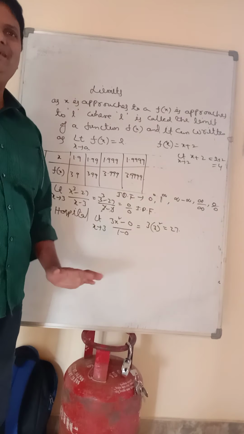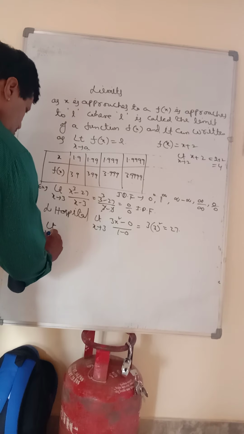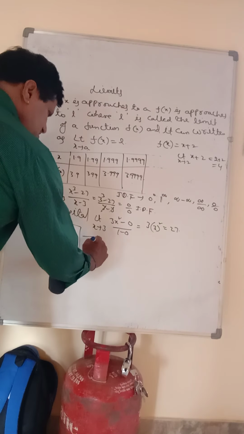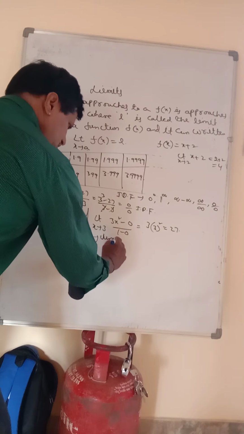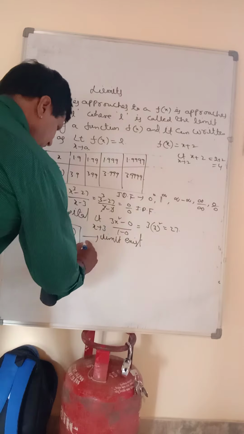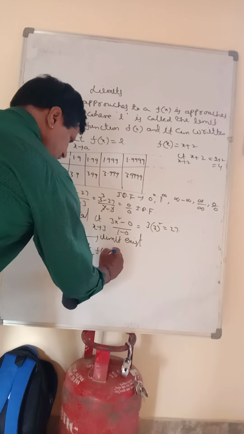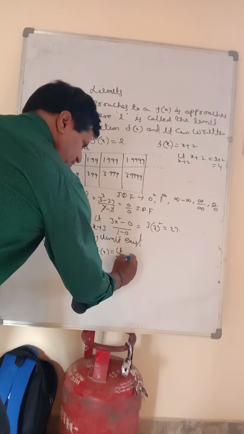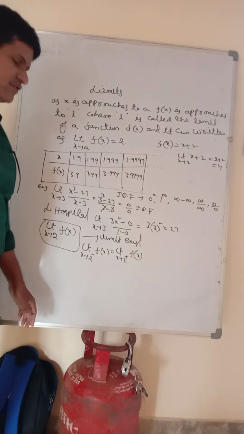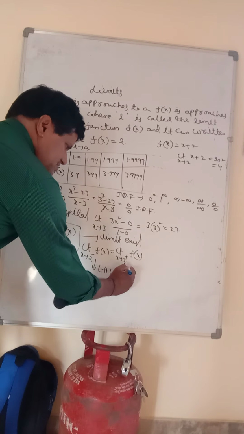Now, how does a limit exist? Suppose limit x tends to 2 of f of x. Whenever the question asks whether the limit exists, it depends on whether limit x tends to 2 minus of f of x is equal to limit x tends to 2 plus of f of x. Here 2 minus means the left hand limit at 2, and 2 plus means the right hand limit.